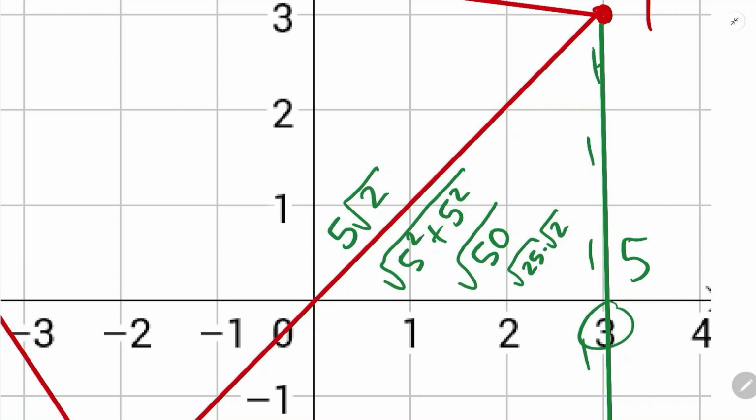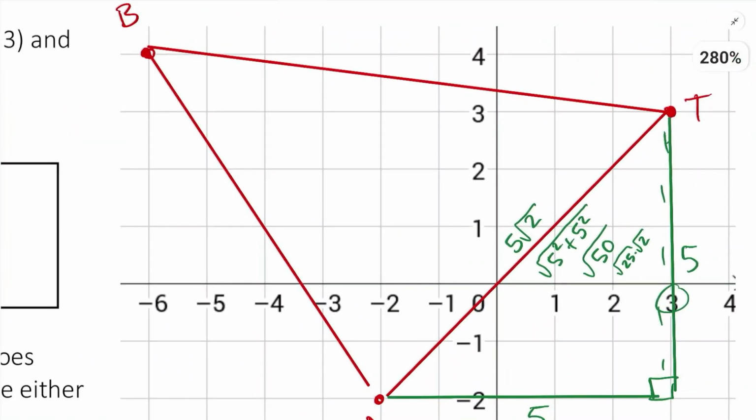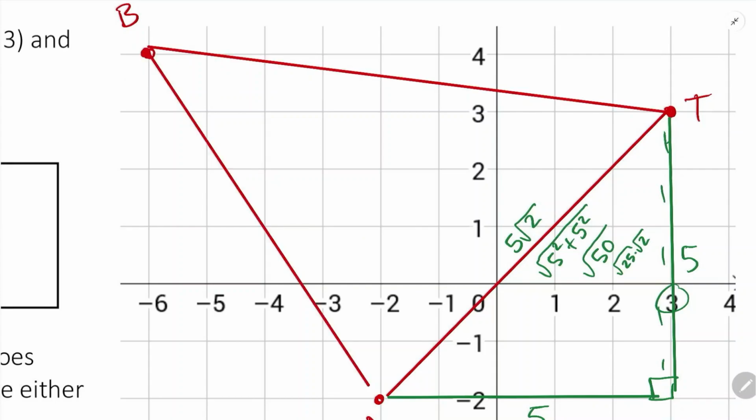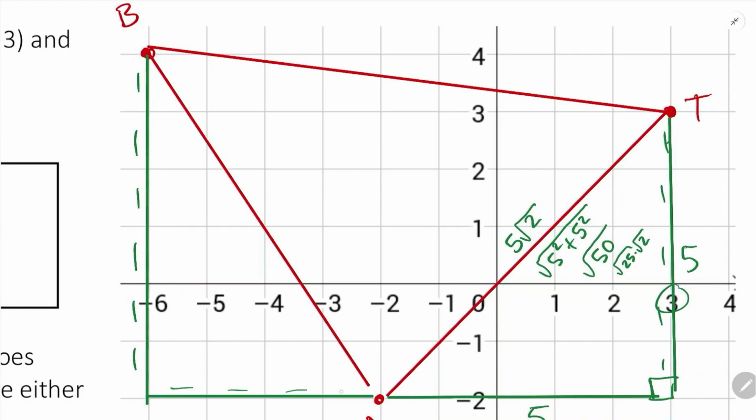The length of the other segment, let's do BA next. Again, I'm always drawing and thinking about these right triangles. So there's this vertical and there's this horizontal. The vertical is 1, 2, 3, 4, 5, 6, and the horizontal is 1, 2, 3, 4.